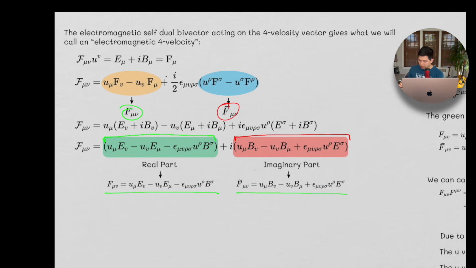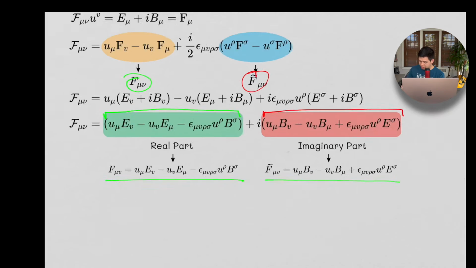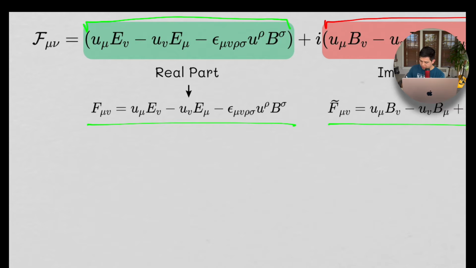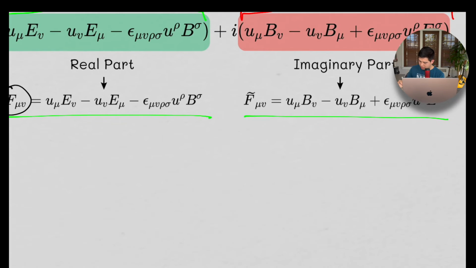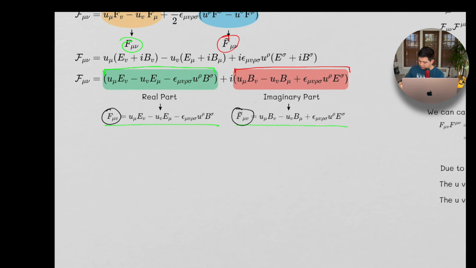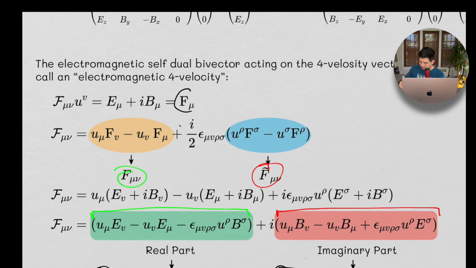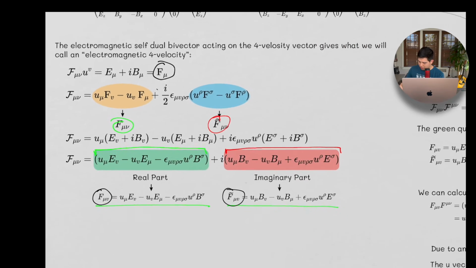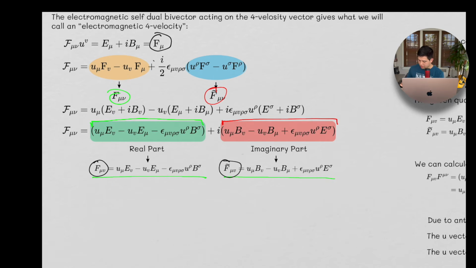So again, the point here is really just to see that we now have defined this guy, and this guy, in terms of the electric field and the magnetic field.